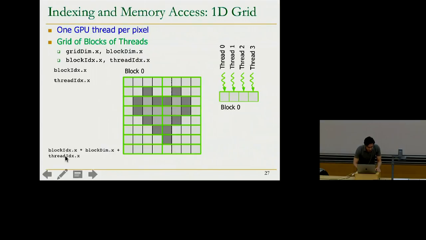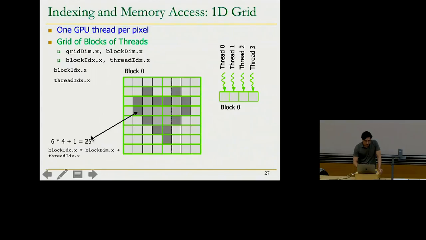Observe that one particular thread in blockIdx.x with threadIdx.x will be, in the whole GPU, blockIdx.x times blockDim.x, which is the total number of threads per block, plus the index of the thread in its own block.